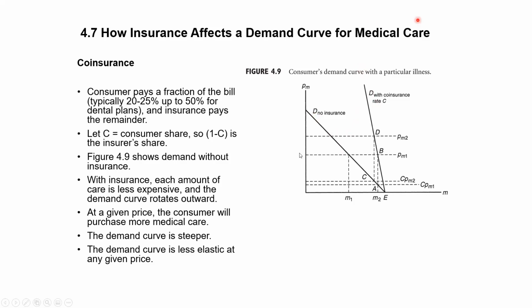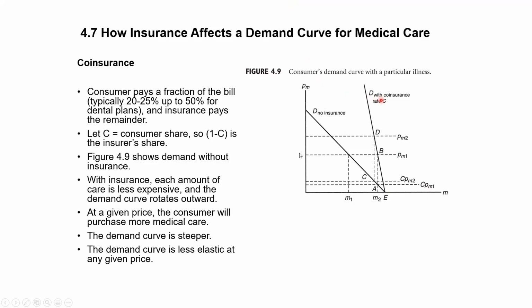This is reflected in figure 4.9, which shows a consumer demand curve for a particular illness without any insurance, and this one with co-insurance at rate C. If the consumer's insurance plan pays 1 minus C of all medical bills, then the effective price of medical care falls to C times PM sub 1. This is the effective price when a consumer seeks medical care.